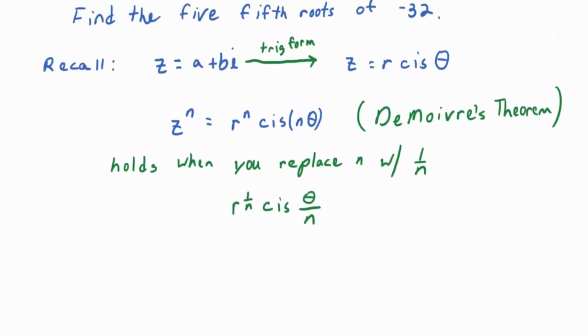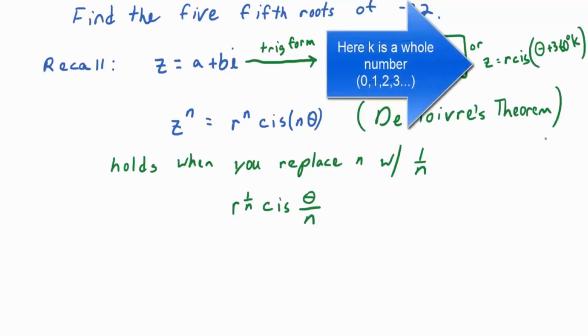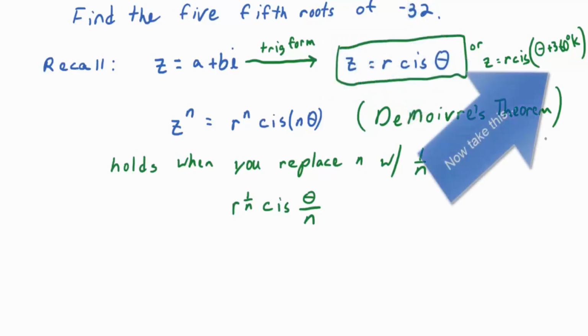Because the fact is theta is not unique, and you could keep adding 360 degrees to the angle. In fact, you could keep adding multiples of 360 because that's the period of the sine and cosine functions. So there's multiple representations in cis form.